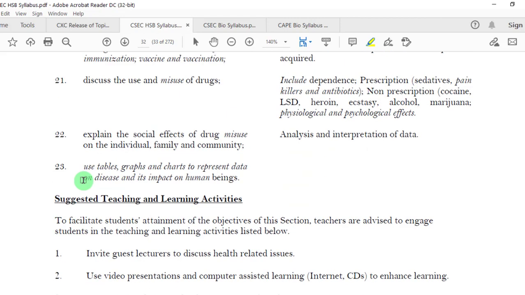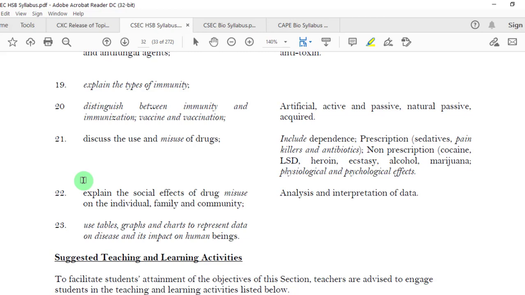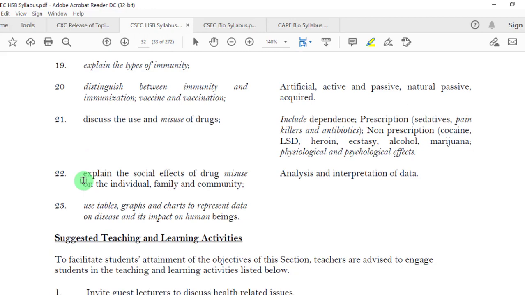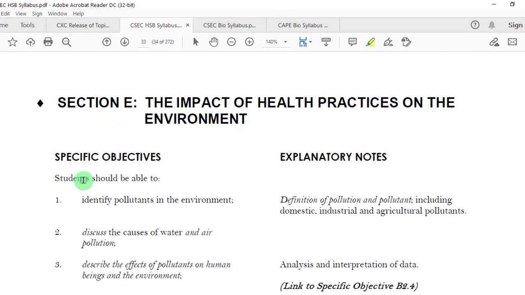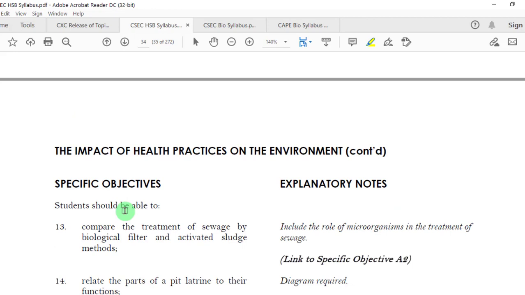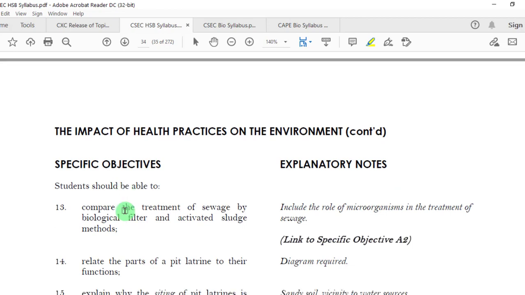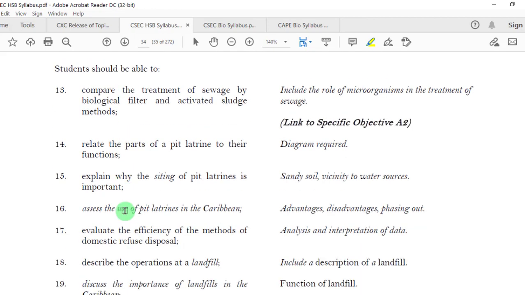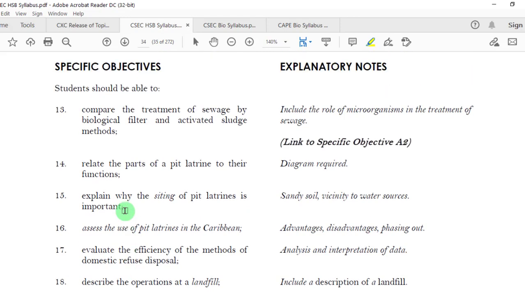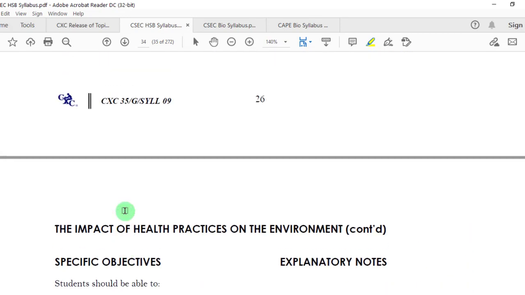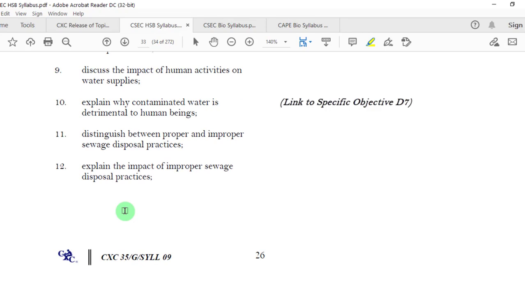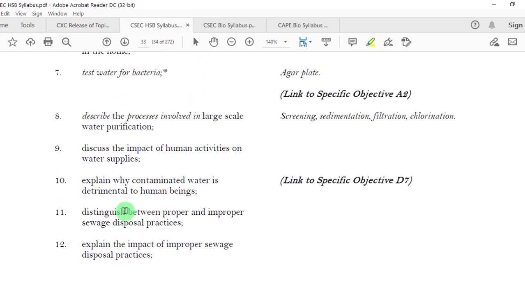Now, the last one, impact of health practices on the environment, infectious disease link. So let's take a look at that. Right, impact of health practices on the environment, word for word. Now, they said infectious diseases link. So my suggestion is that you're going to make reference to objectives that are connected to infectious disease.